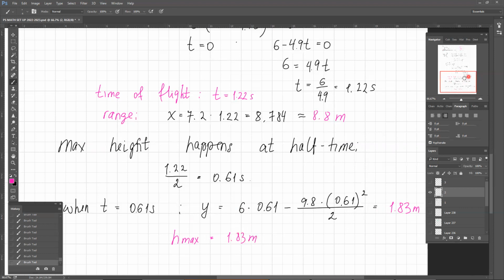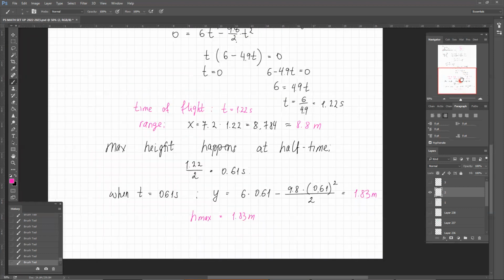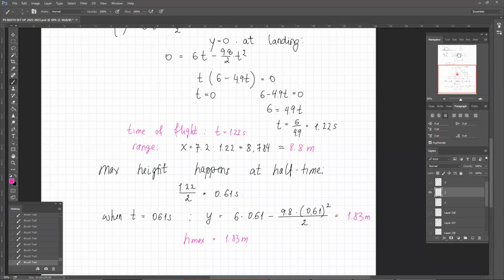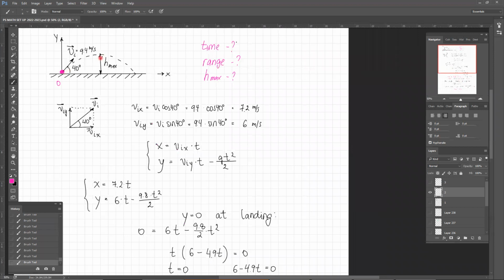So once again, we found the time of flight, how far the ball will fly, and the maximum height. The maximum height happens at half time. It also happens at half distance, and many people try to figure out the vertex of this parabola. Absolutely not necessary. Strictly speaking, these are parametric equations of this parabola.